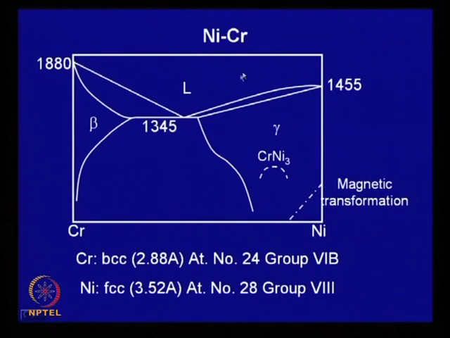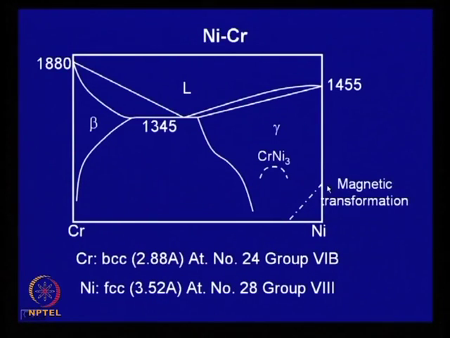Nickel chromium is another good example. Nichrome heating elements are made of nickel chromium, around 80% nickel, around this composition, and it is a common heating element. Look at their crystal structures, they are different, and their atomic numbers are nearby, chromium 24, nickel 28.